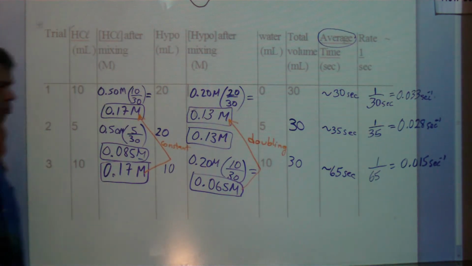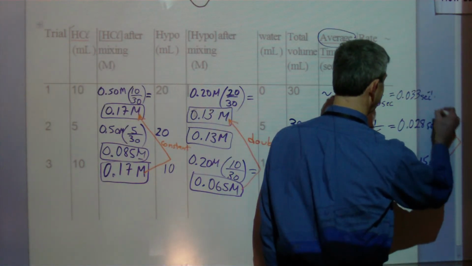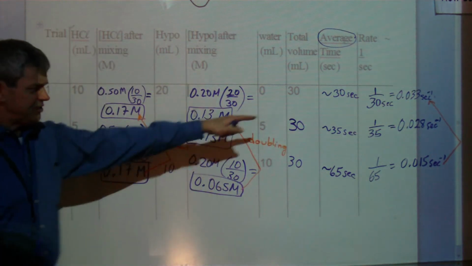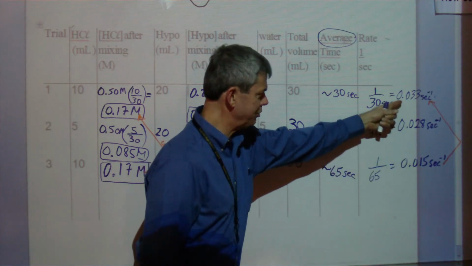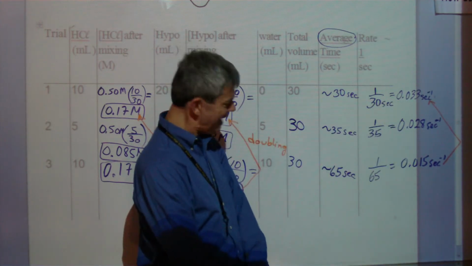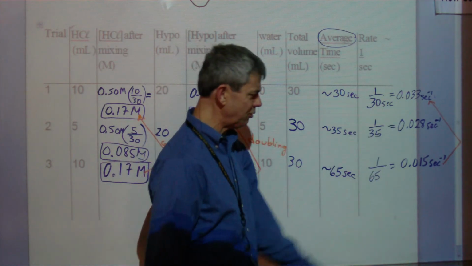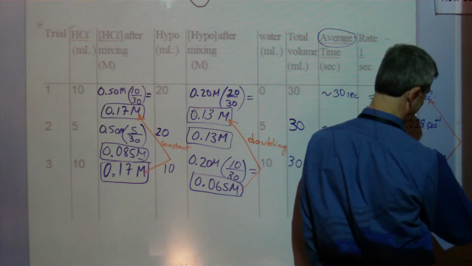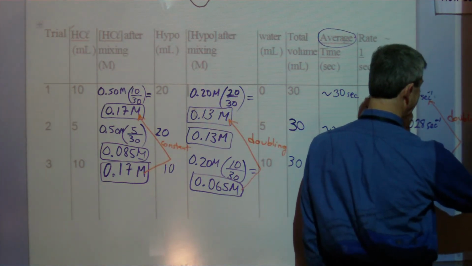I'm curious how the rate changed in going from experiment 3 to experiment 1. So just take a look at those two rate numbers, 0.015 per second, 0.033. Well, to me, that looks like about a doubling, because 15 times 2 is 30, and 0.015 times 2 will be about 0.030. So it looks to me like there's a doubling in the rate as well.